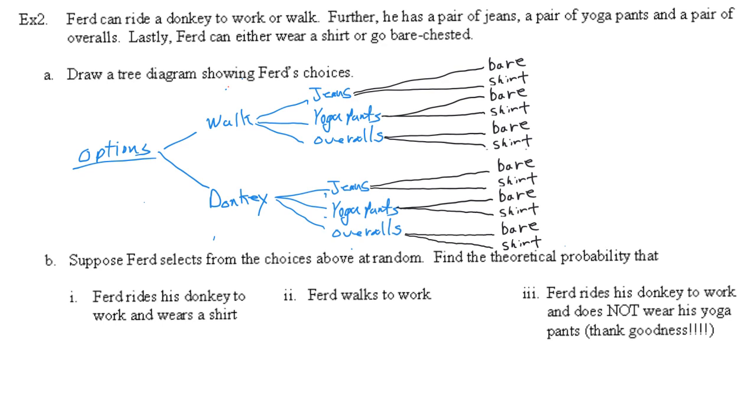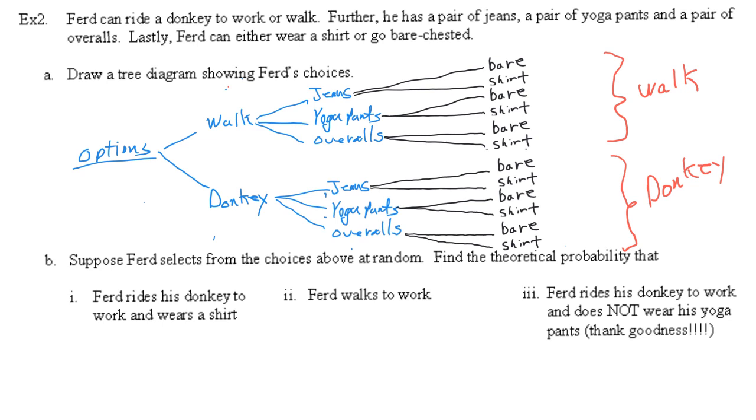Now we are going to use this tree diagram to help us figure out certain questions, right? So for example, if I'm looking here, the top half of this information here is for our walk. The bottom half of this tree is for donkey, starting out with the donkey, okay?